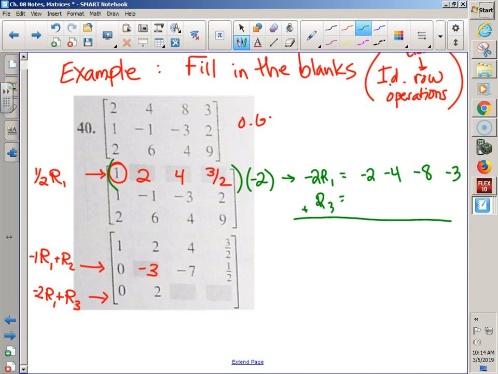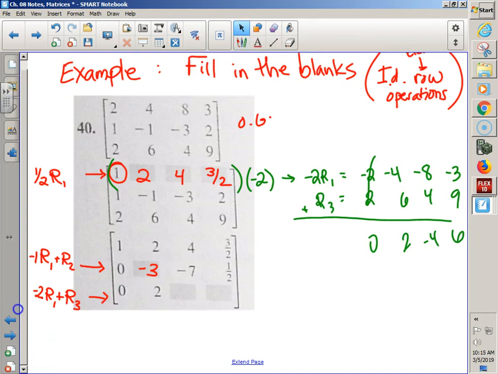The 2's actually cancel. You just have the negative. Row 3, all I have to do is rewrite it. So 2, 6, 4, 9. If it's too much mental math, you can just come off to the side and set up the little baby formula that you're trying to plug in. And then you can get 0, 2, negative 4, 6, which is what would fill in.